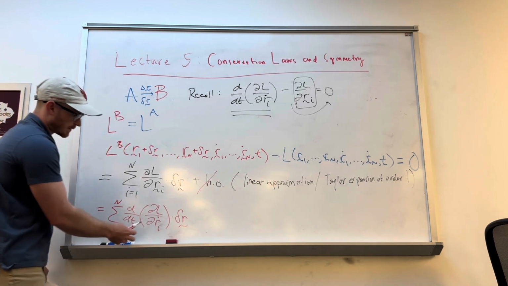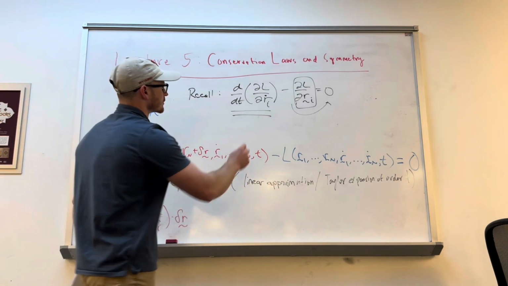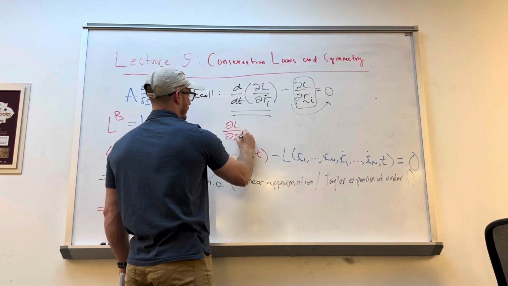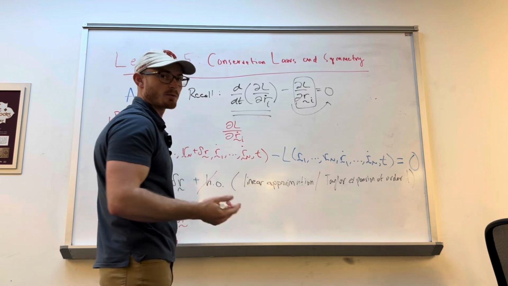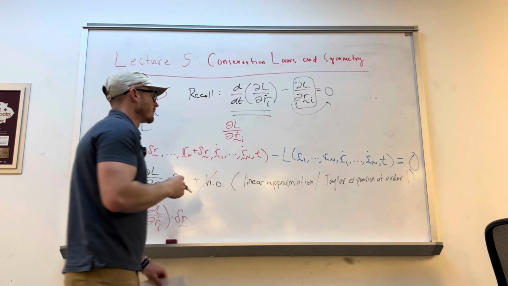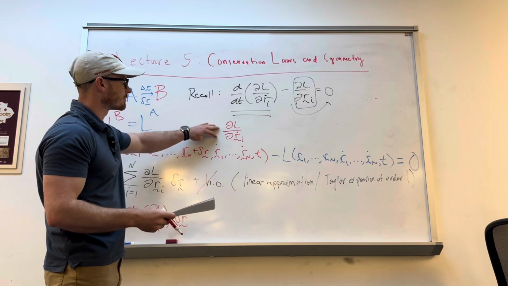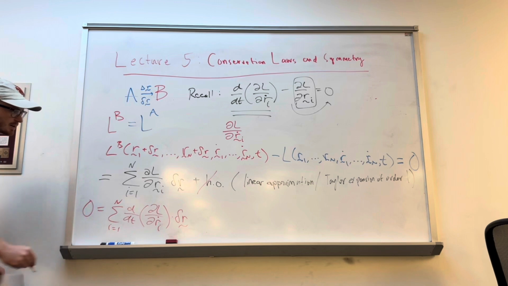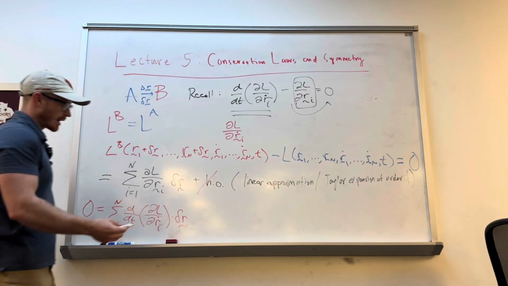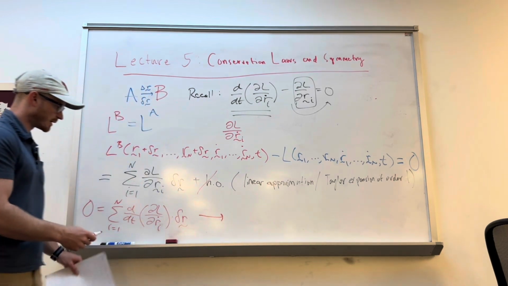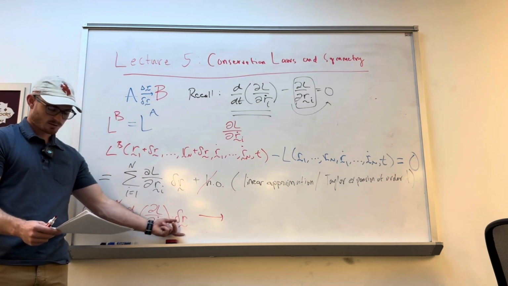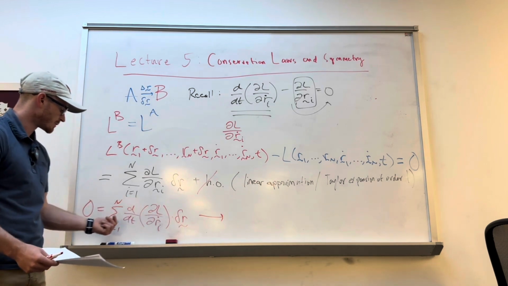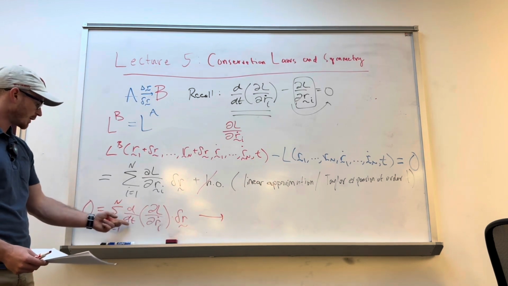All right, well, let's think about what this is, this partial L partial Ri dot. Can we write this in terms of the momentum? So we want to get this into a form where we can start to look at these conservation laws, right? So this is equal to 0. And before we get into that, where we're going with this, right? We could multiply this delta R by each side because it's a constant with respect to this sum. The d dt is a linear operator.